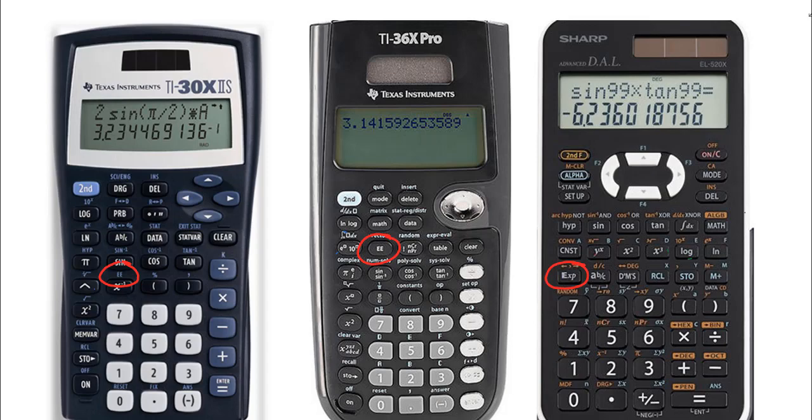For the Sharp calculator, it's a little more straightforward. You would type a number like 6.00, press the EXP button, and then type in your exponent. It could be 6, and then you'd use the change sign button to make it negative. And then it would read in your calculator a number like this.